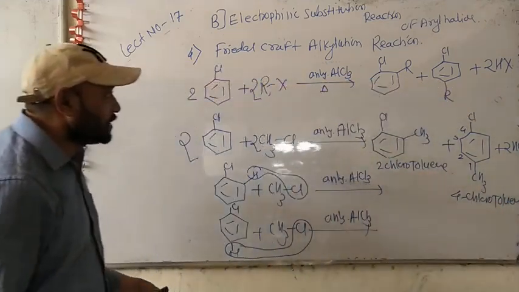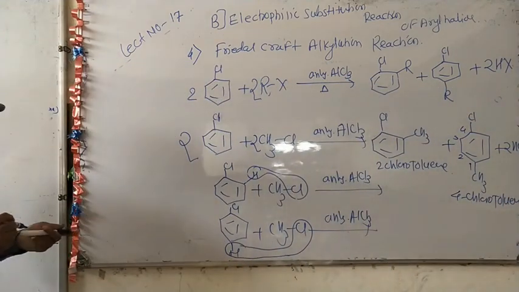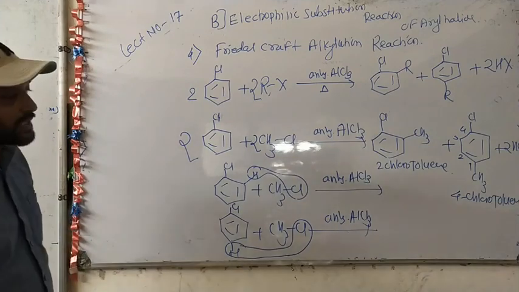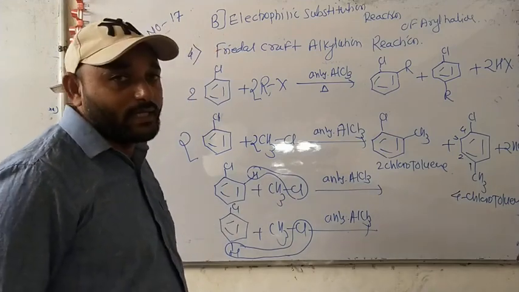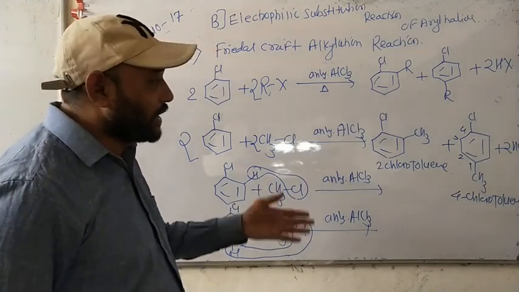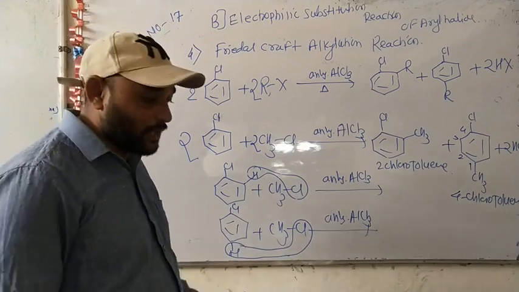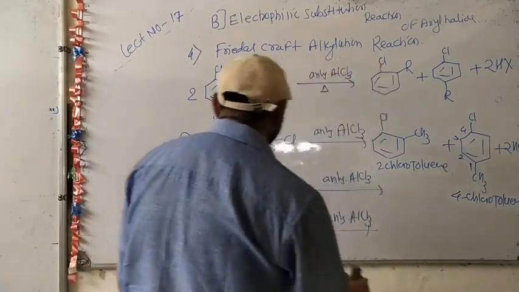So in this way, this reaction is useful to carry out substitution reaction at the ortho and para positions, forming ortho-alkylated haloarenes and para-alkylated haloarenes, among which para is the main product.